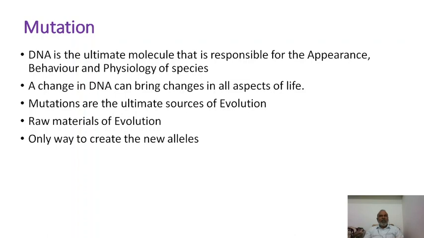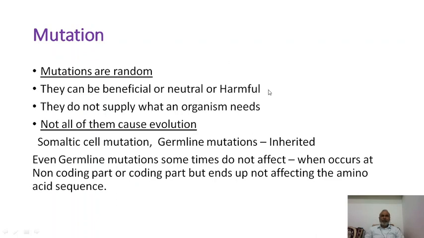Okay, so all variations may not be heritable, but a variation called mutation is heritable. Mutations are the raw materials of evolution, and mutations are the only way to create new alleles and new changes in our DNA. So a very, very important force of evolution is mutation.